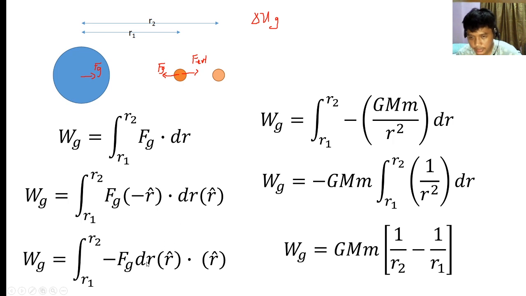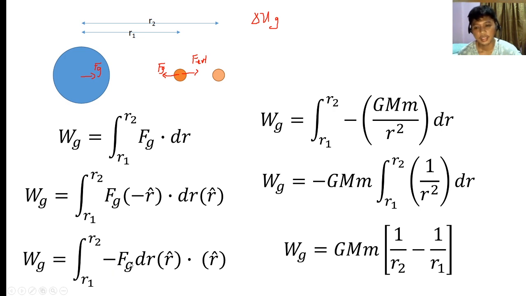So rearranging terms, we get negative Fg times the dot product of r hat with r hat, and I think I described this in the previous video, which I deleted, that r hat dot r hat is equal to 1 because they're in the same direction and they both have a magnitude of 1.